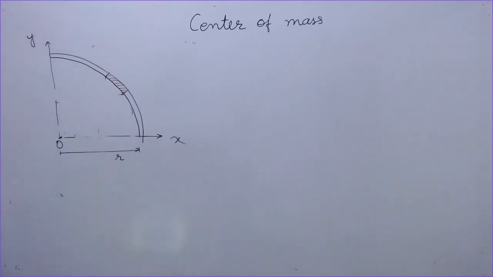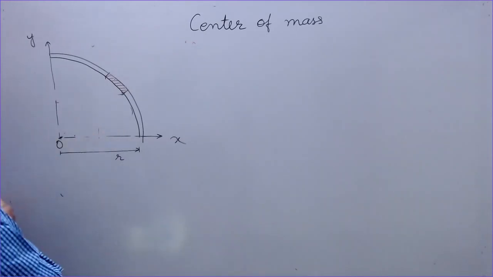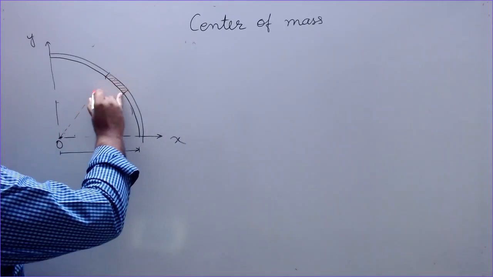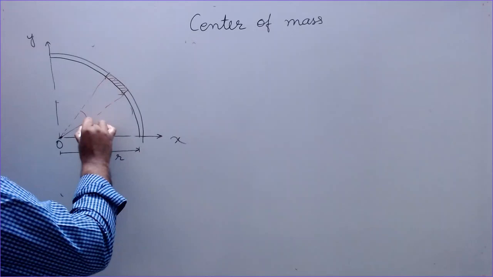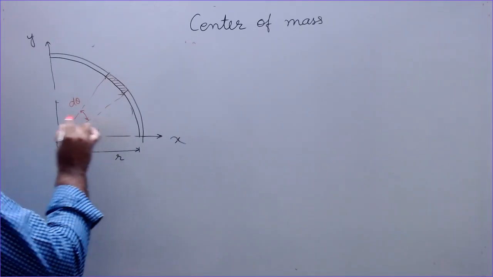Taking the same element of length dl, we will be using here the polar coordinates. This is subtending an angle d theta at the center, and this angle is say theta.